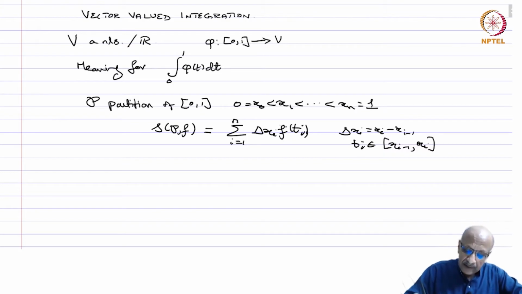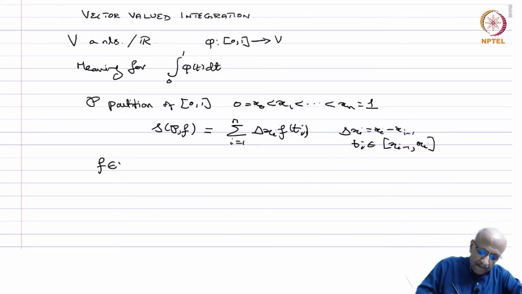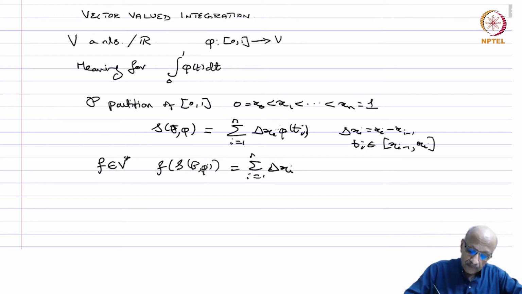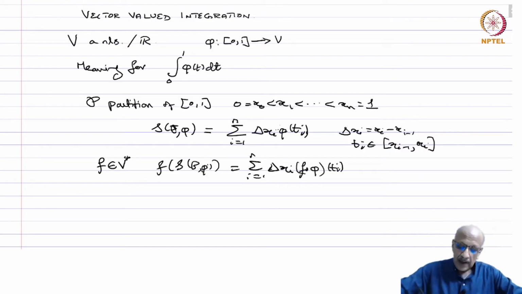So if we take a limit and we are able to define the integral, then if f is any element of V star, then f of S_P phi will be the sum over i equals 1 to n of delta xi times f of phi of ti, and then we pass on to the limit.